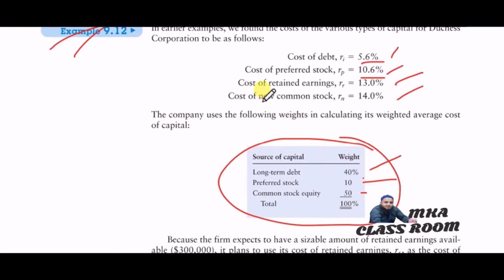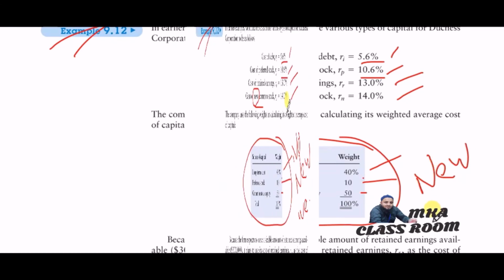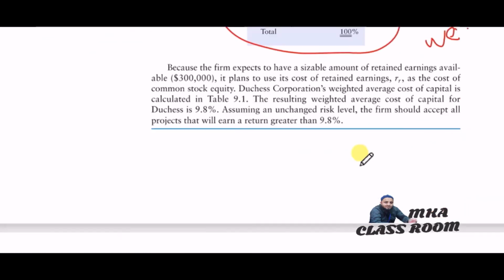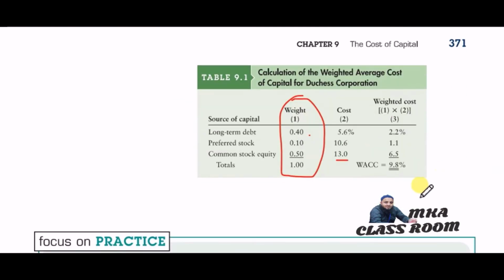Here is the cost of retained earnings or cost of equity. Here is the new common stock, which has no new weight, so remember that. That's why we will take three things for our calculations. If we multiply these, we will get our weighted average cost of capital: 9.8%.